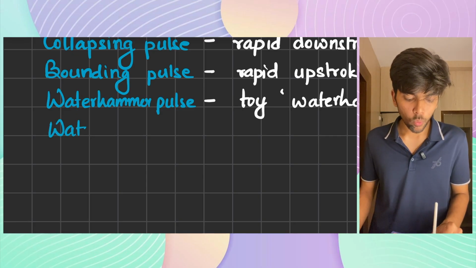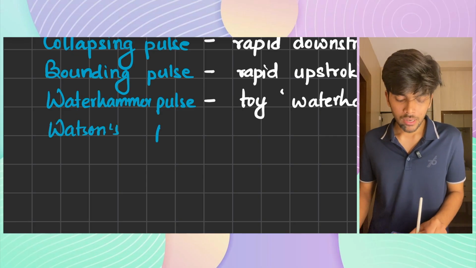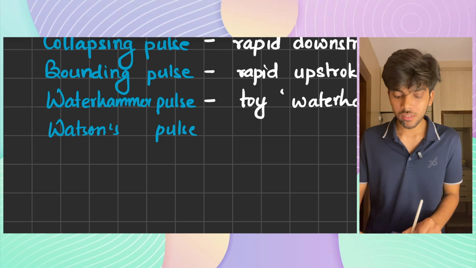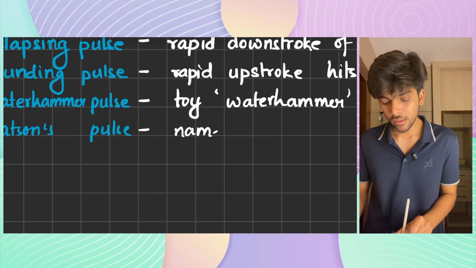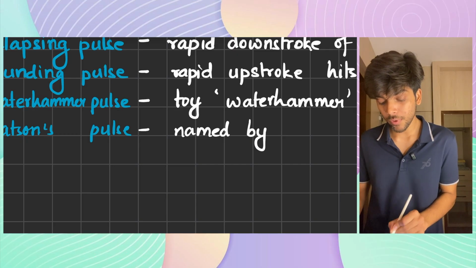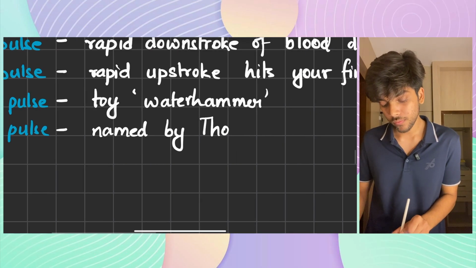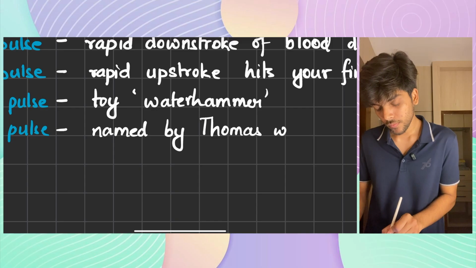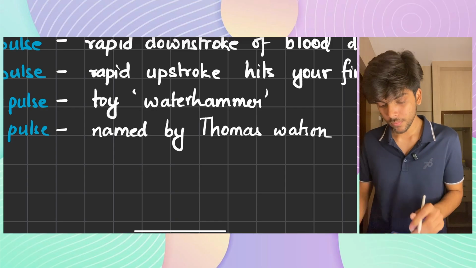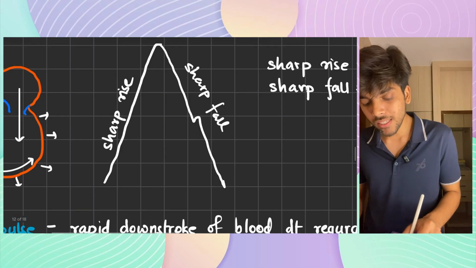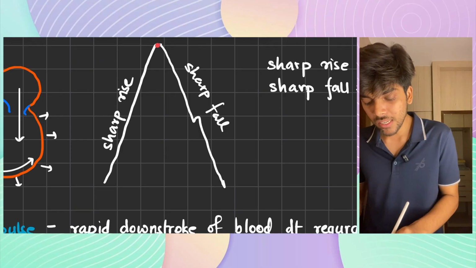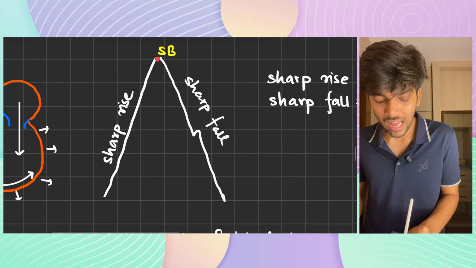Why is it called a Watson's pulse? It's called a Watson's pulse because the water hammer pulse was named by Thomas Watson. All right, since there is a sharp rise in pressure, obviously the systolic blood pressure is high.